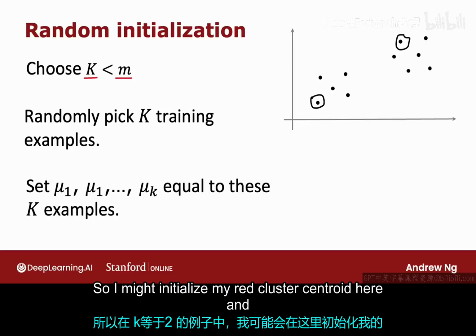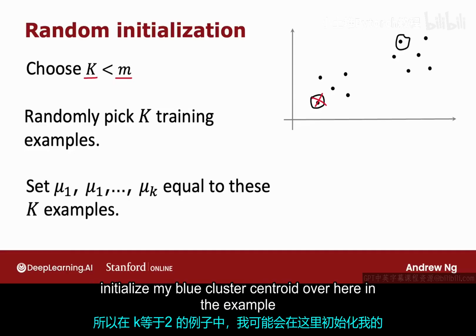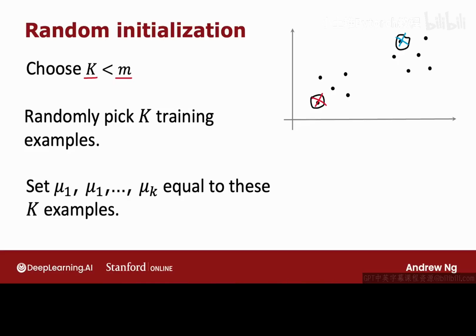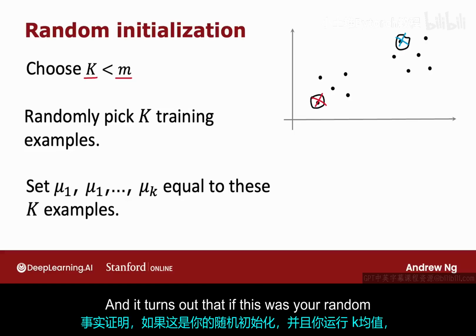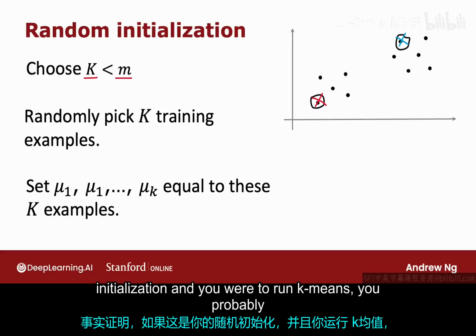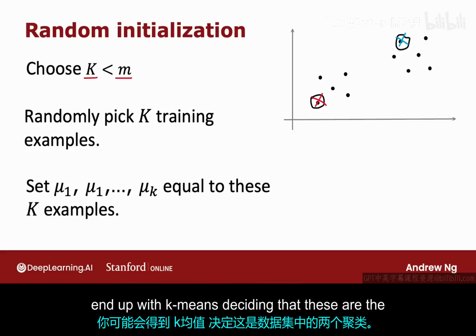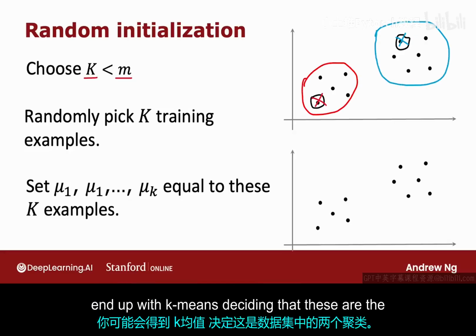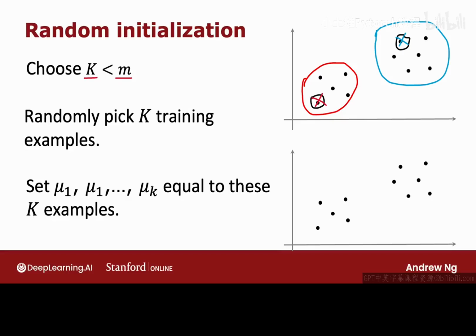So I might initialize my red cluster centroid here and initialize my blue cluster centroid over here in the example where k was equal to 2. And it turns out that if this was your random initialization and you were to run k-means, you probably end up with k-means deciding that these are the 2 clusters in the dataset.